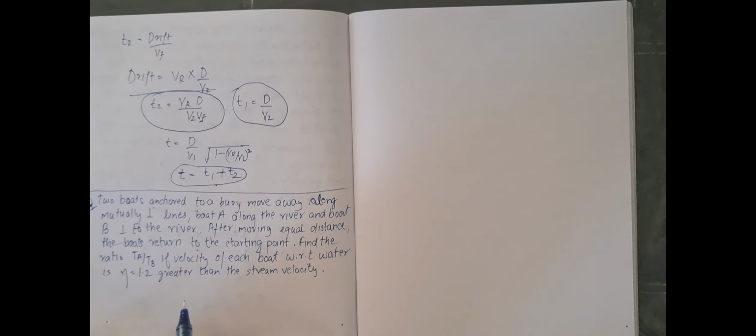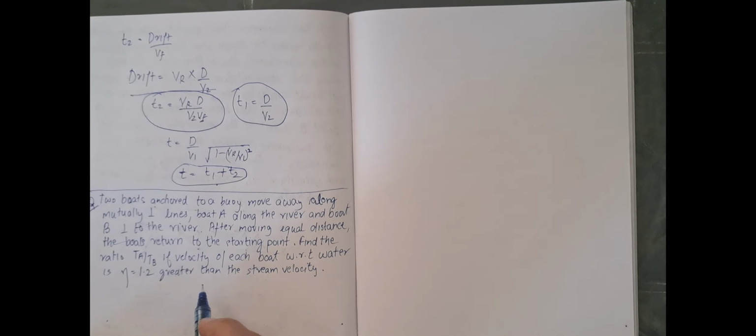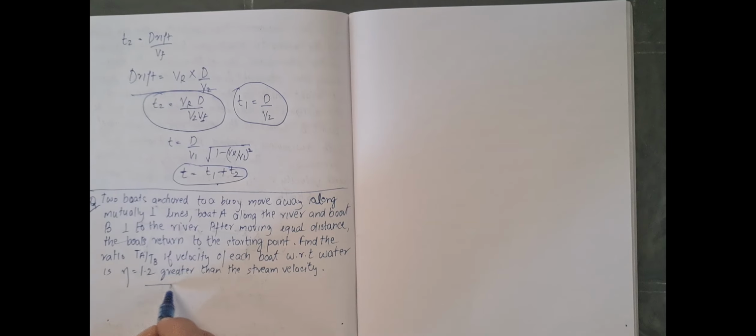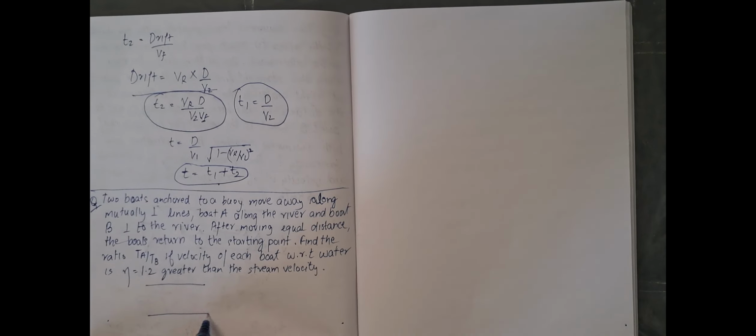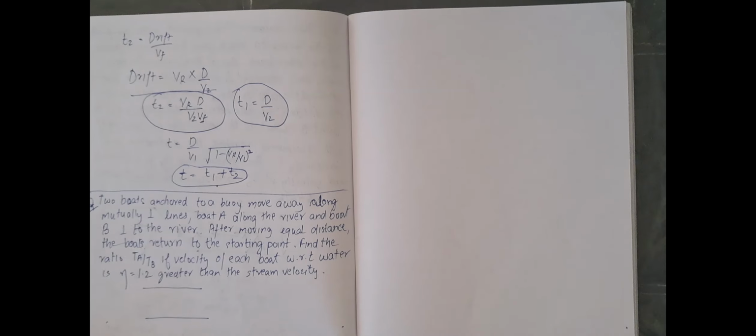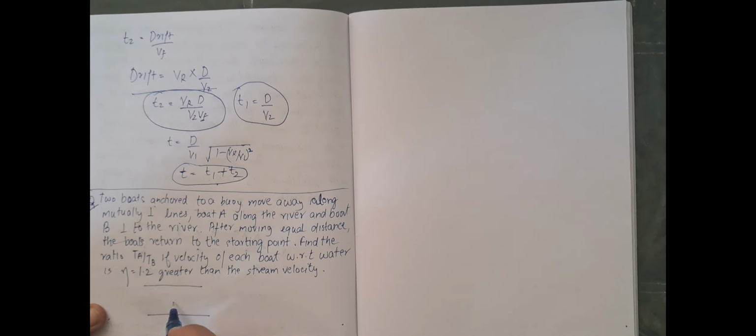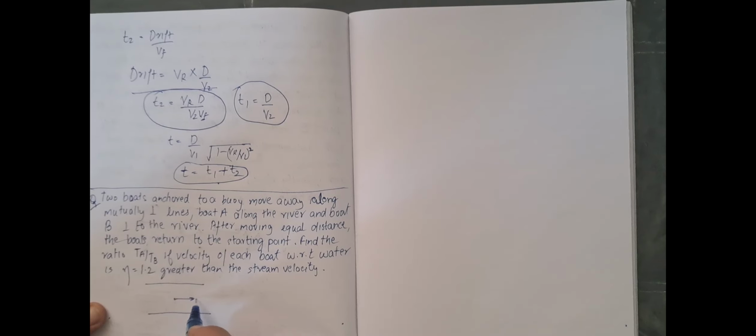Right? So, suppose this is the river. Say velocity of boat is VB.